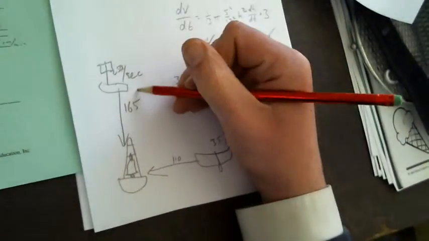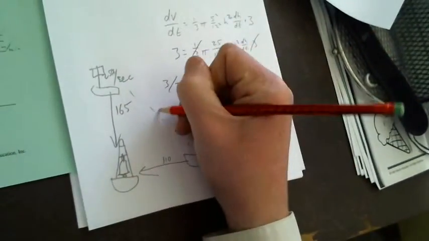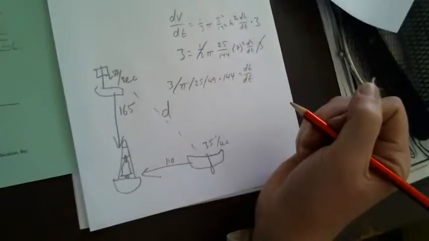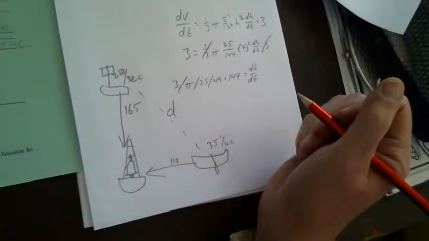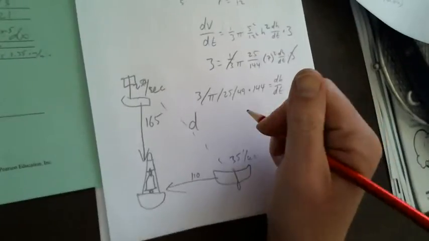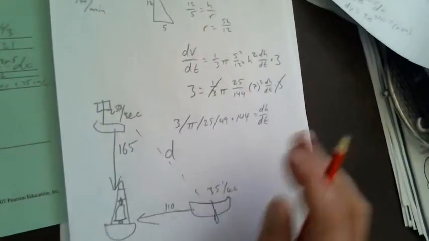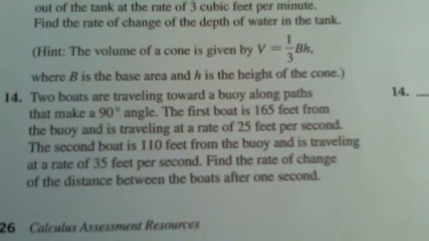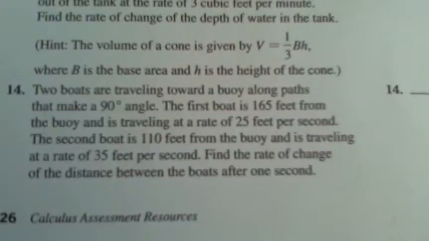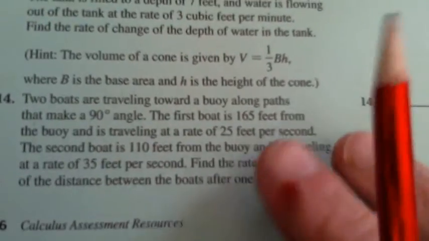We're going to find the rate of change of the distance between the boats after 1 second. So the 1 equals the seconds.